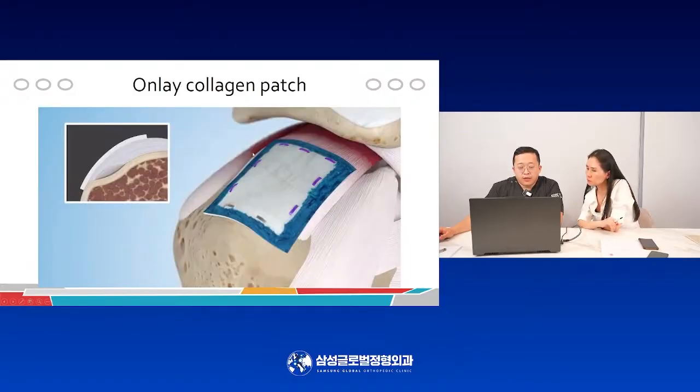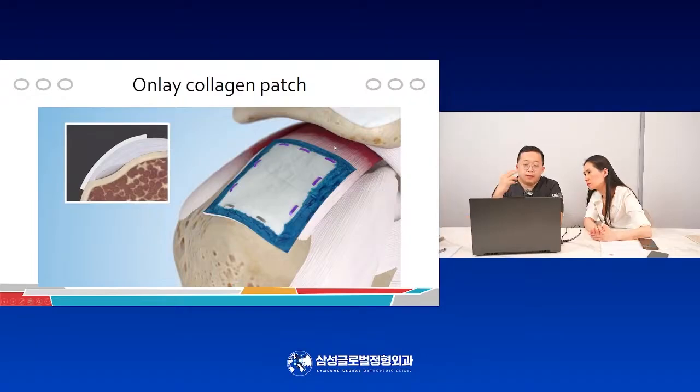Nowadays we have an additional treatment option, the collagen patch. Okay, especially the Smith & Nephew company invented this product called Regenten. Okay, some patients have a tendon that is already very damaged, so their tendon is thinner than before.